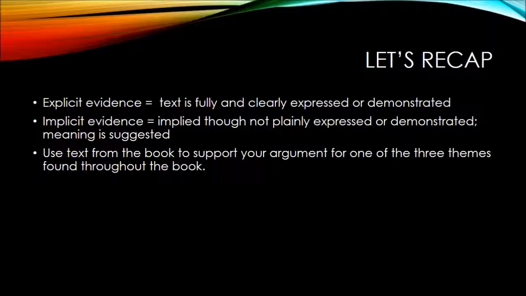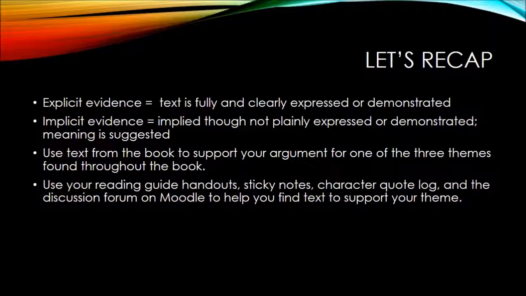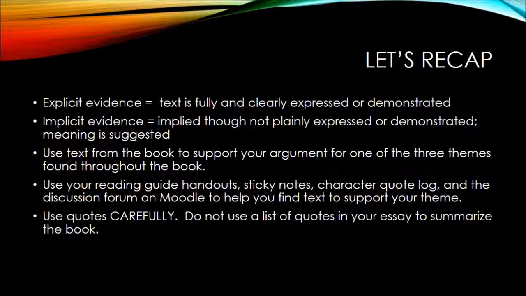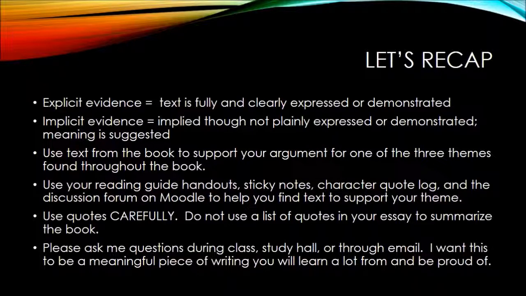In the course of your essay, you need to use text from the book to support your argument for one of the 3 themes found throughout the book. Use your reading guide handouts, sticky notes, character quote log, and the discussion forum on Moodle to help you find text to support your theme. Also, use quotes carefully. Do not use a list of quotes in your essay to summarize the book.